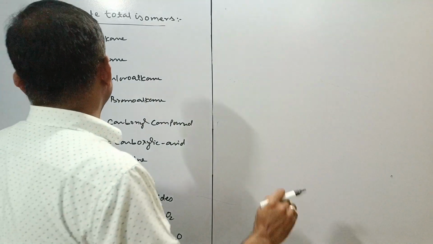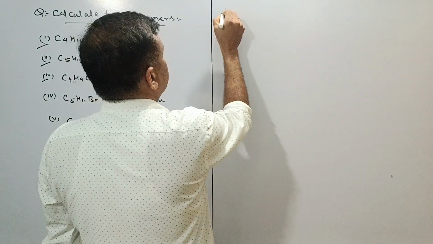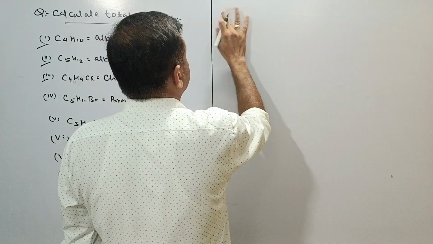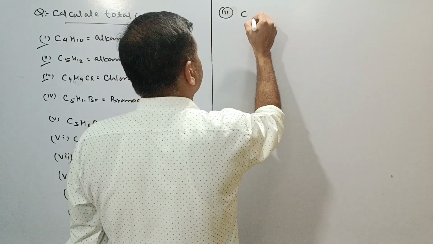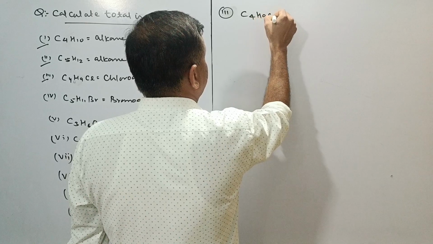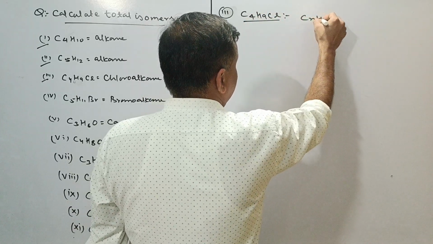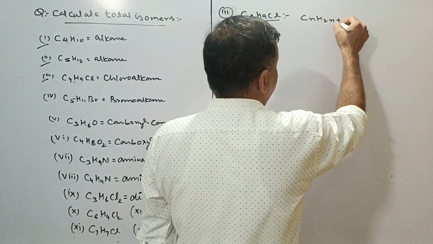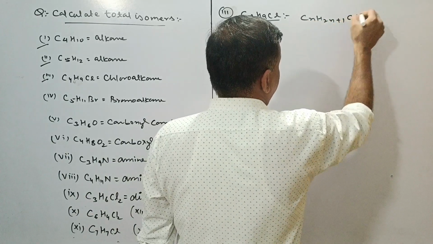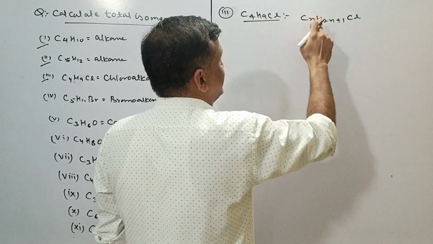The third compound is C4H9Cl. If you go with this, it follows the general formula CnH2n+1Cl. n is equal to 4, so it will be 2 times 4 plus 1, that is 9, Cl.